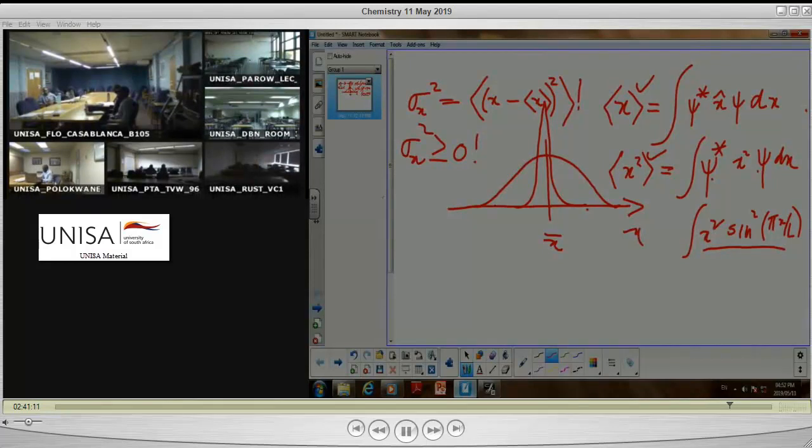Which means the transition we're talking about is from N11 to N12. That's where the HOMO-LUMO gap lies.